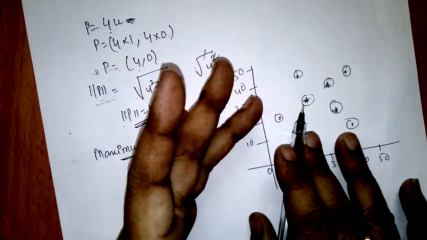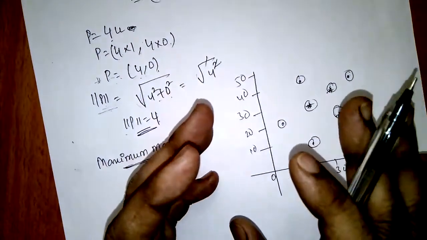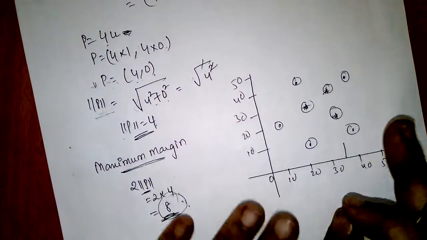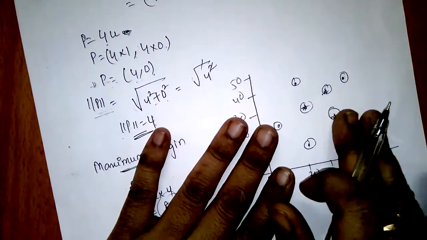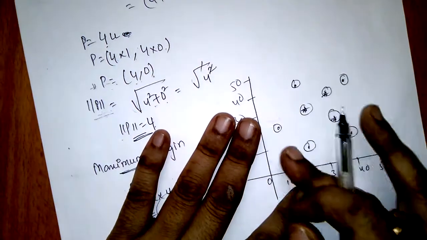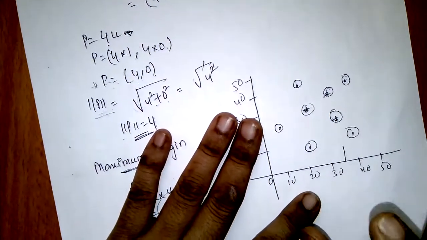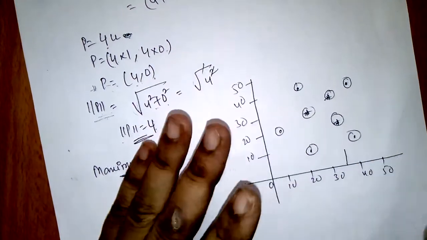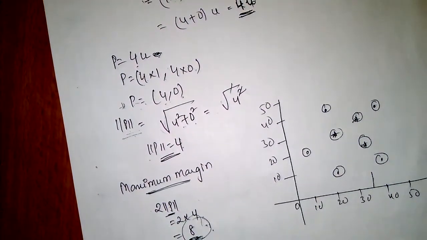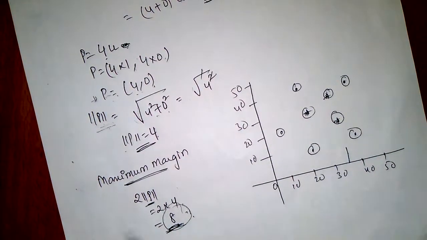So we have to make this data separable in a correct manner. We cannot separate this directly by using the linear separable method. This type of arrangement of data is called non-linear separable. In this case we cannot find a straight line, that means a straight hyperplane, to classify this data.